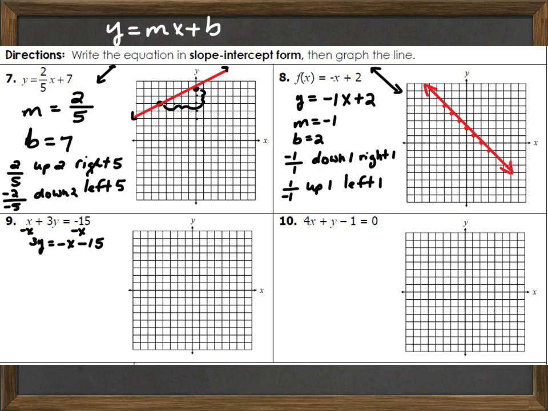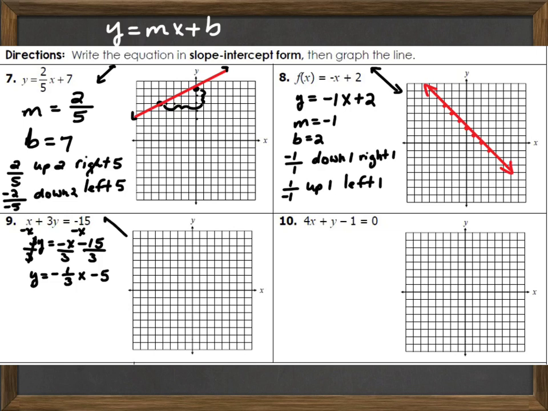Okay? Now I want to divide by 3. So now I just have 3 over 3 is 1. So I have y equals -1/3 x minus 5. Okay, so it's a negative slope.